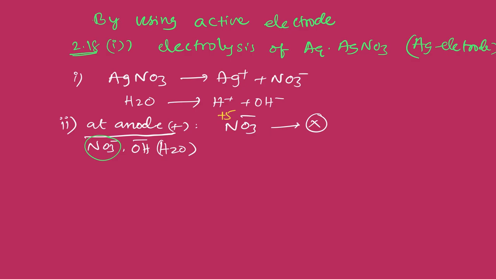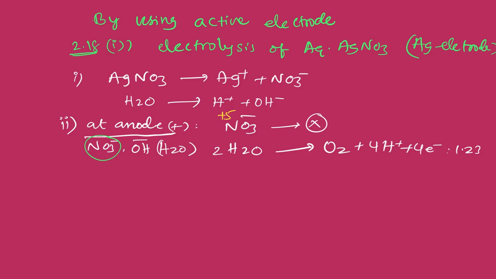Which one takes place now? Water, that is H2O, converts into oxygen plus 4H plus and 4 electrons. This will be 2, and here the electrode potential is 1.23 volt. Next, at cathode. At cathode, what is the charge?